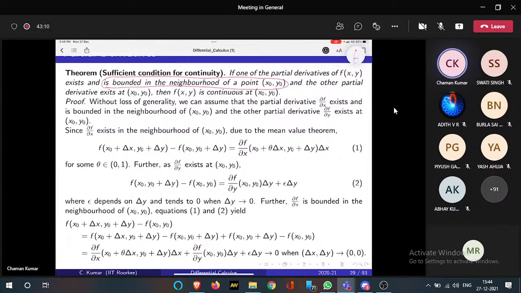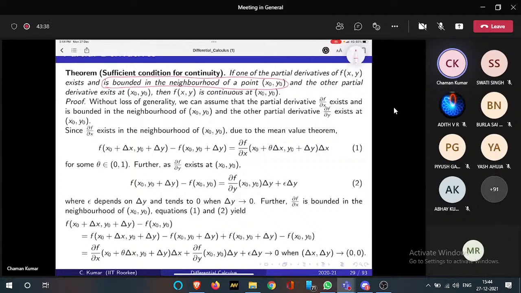At an intuitive level, it says that when you come from all possible directions in the neighborhood of the point x0, y0, the partial derivative does not blow up, does not go to infinity. It remains bounded.